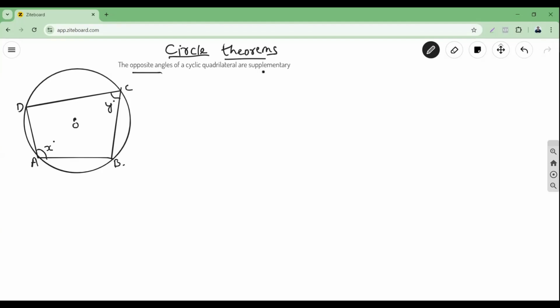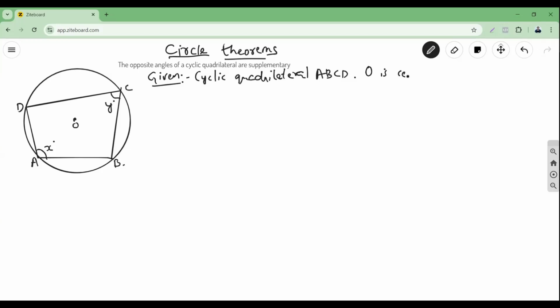Now, what is it we have to prove? We have to prove they are supplementary. That means these opposite angles, X and Y, the sum of it, X plus Y, is going to be 180 degrees. This is what we have to prove. Let's write down what is given. The first step is a cyclic quadrilateral, ABCD is given to us, and O is the center.